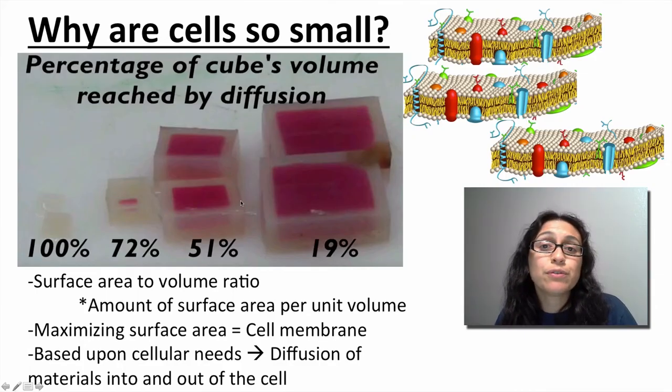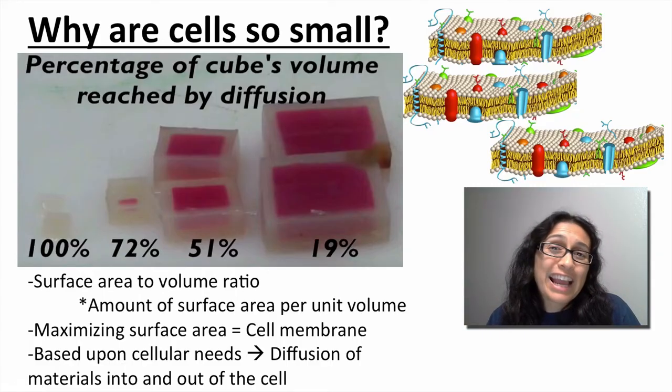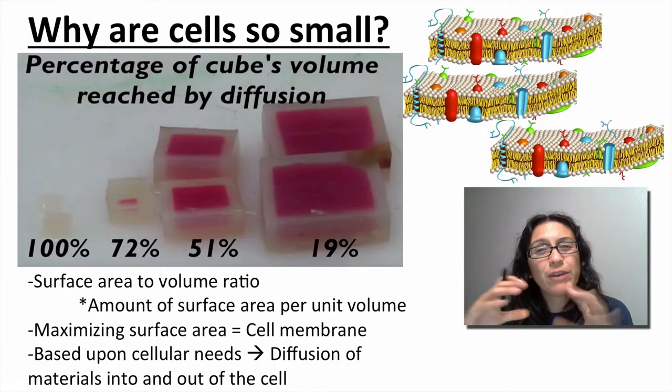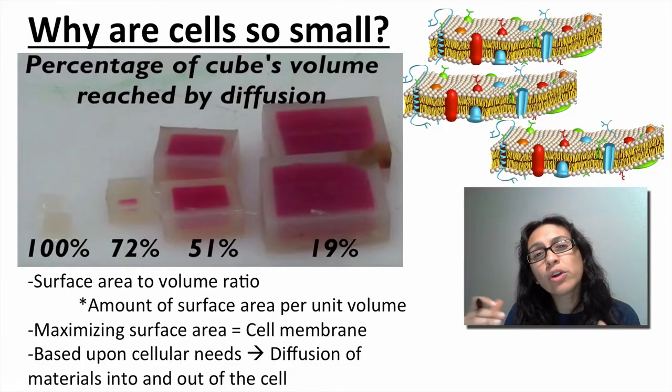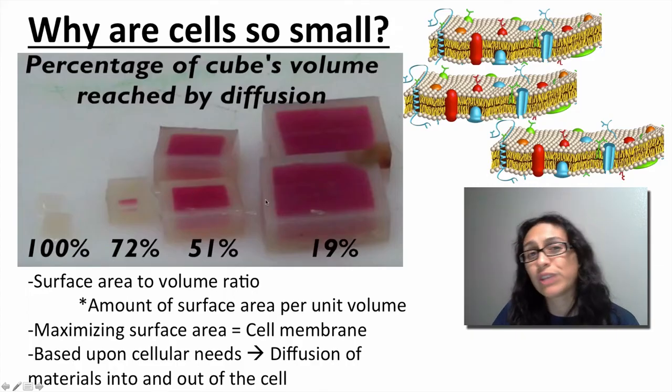And when it comes to diffusion, the ability of these molecules to get in, if they're held in the solution for the same amount of time for diffusion to occur, what we find is that the smaller cells are just the right size to allow the molecules to diffuse in quite rapidly to reach the center. So what we want is a small volume. If you have a large volume, it's going to take longer to reach the center of that volume from the outside. And we can actually demonstrate that by using those agar cubes.